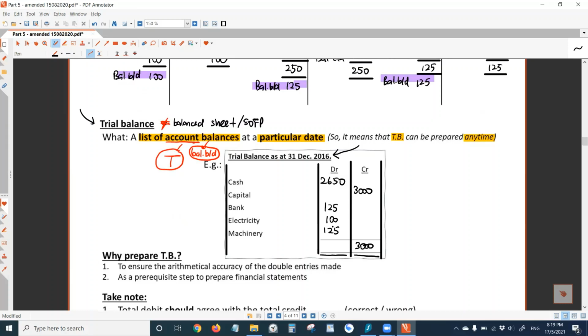Let me total up the debit. Would you get the same amount of 3,000? Yes, right? Good, Joshua.